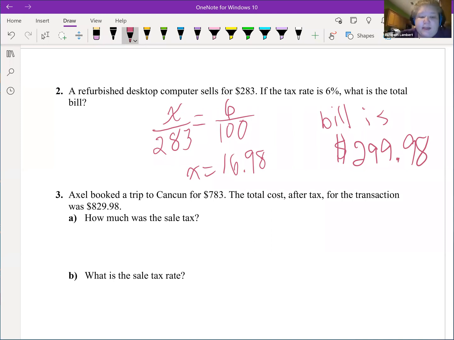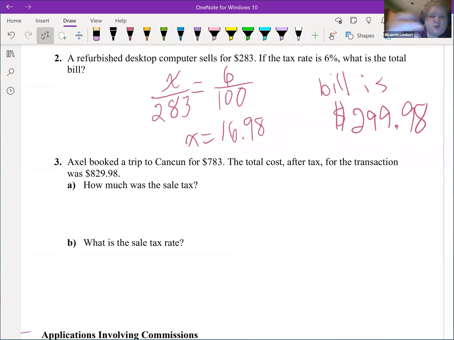All right, so Axel booked a trip to Cancun for $783. The total cost after tax was $829.98. So we have to figure out how much was the sales tax. So how much did he pay? This is asking for a dollar amount, versus B, what is the sales tax rate, which is asking for what that percentage would be.